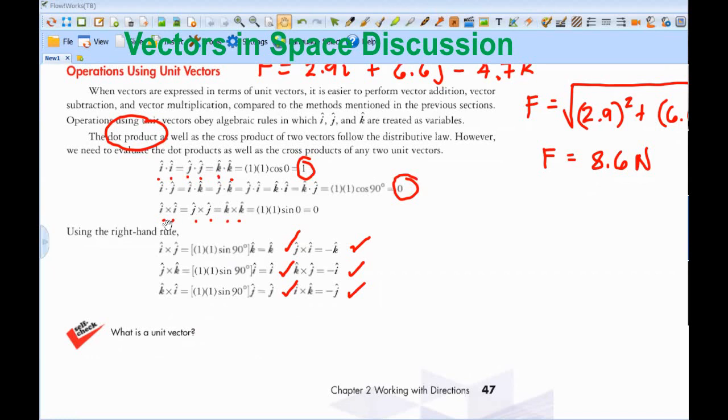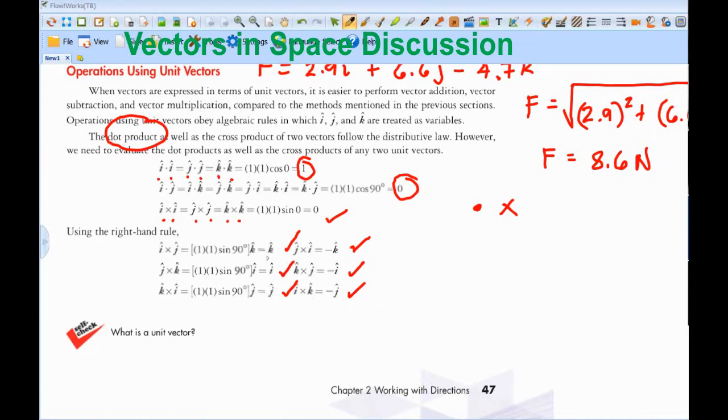Next is cross. Okay, this one. When it is X, there's a difference between a dot and X. These are the values. It is signed. But i×i, j×j, k×k are all zeros. There is also a difference between the reversed form. i×j is k, but j×i is negative k. j×k is i, and k×j is negative i. k×i is j.